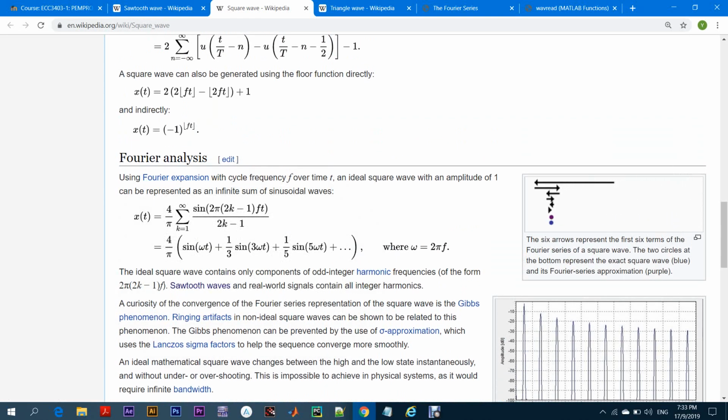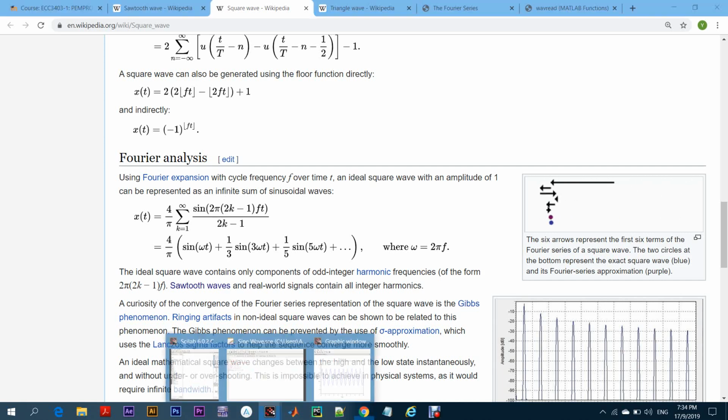Using Fourier expansion with cycle frequency f over time t, an ideal square wave with an amplitude of 1 can be represented as an infinite sum of sinusoidal waves. So the formula given is x(t) equals 4 over pi times the summation of k equals 1 to infinity of sin(2π(2k-1)ft) over (2k-1). f is the frequency, t is the time, and k is the harmonic.